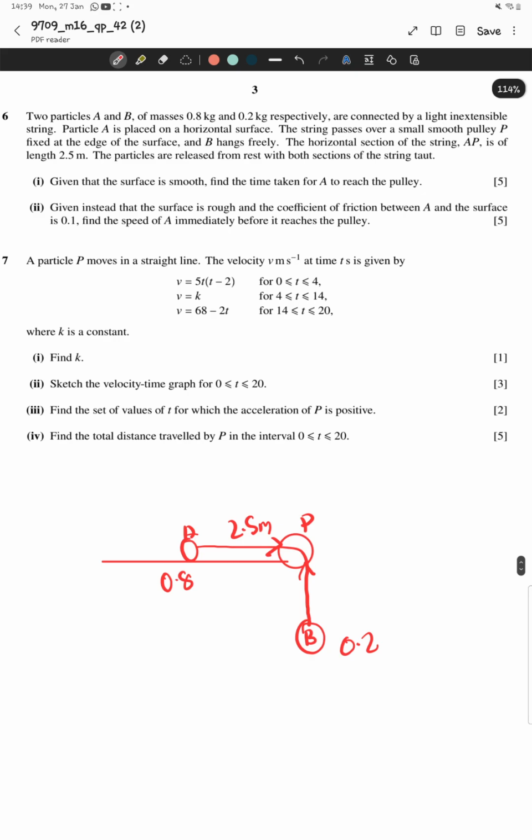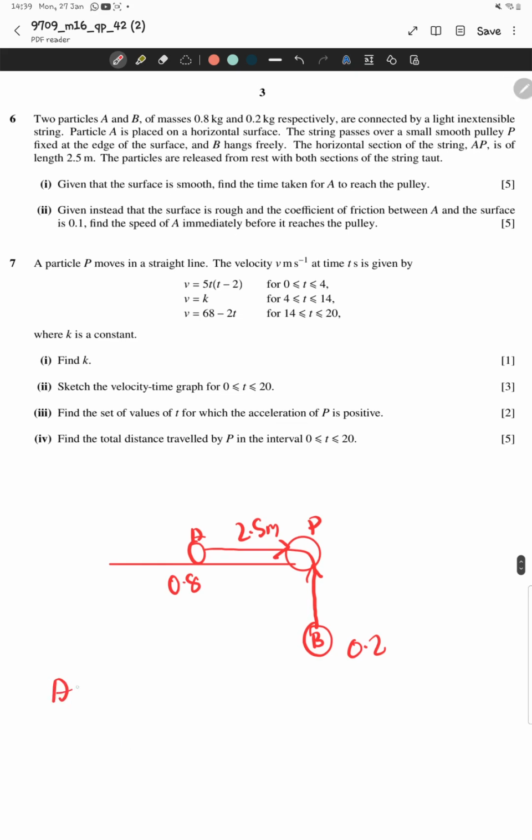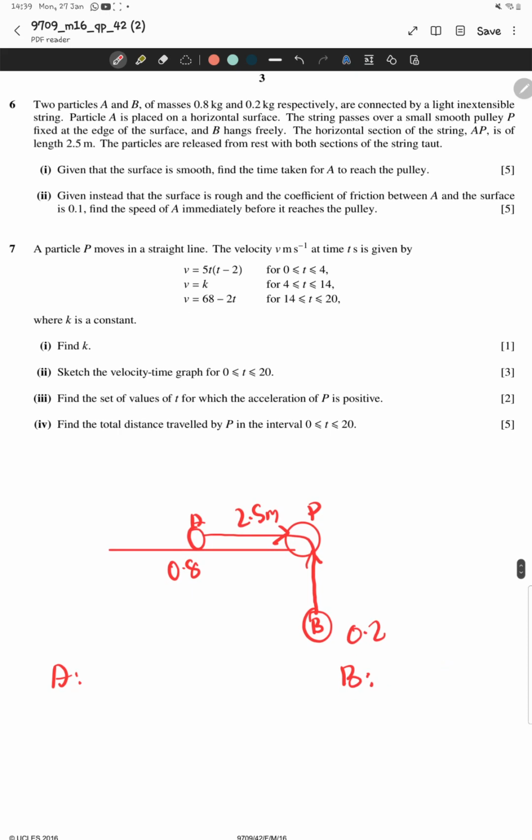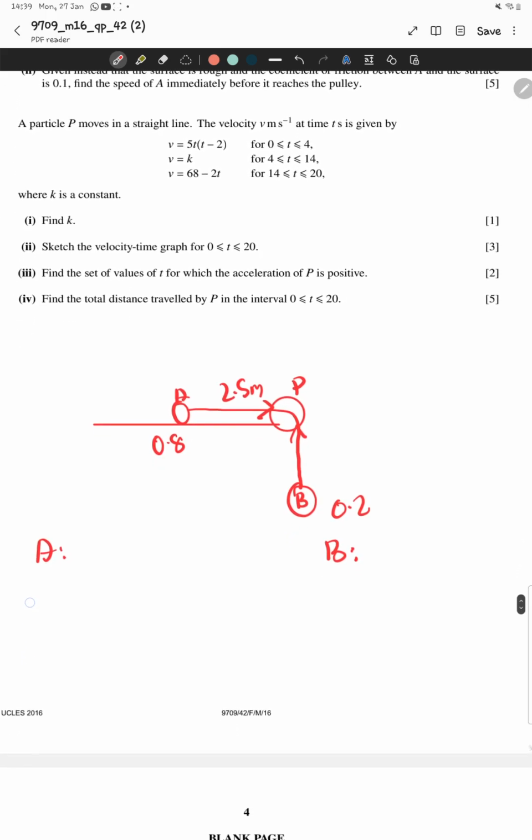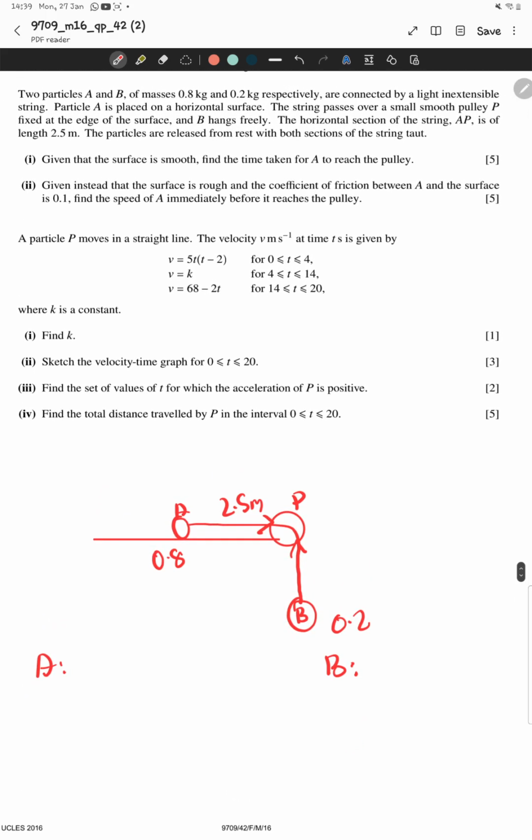We just use the normal equations, to find tension and acceleration, that you do in every single one of these pulley questions, where you use simultaneous equations to solve for T and a. So, the forward force for A is T, because T is acting here.